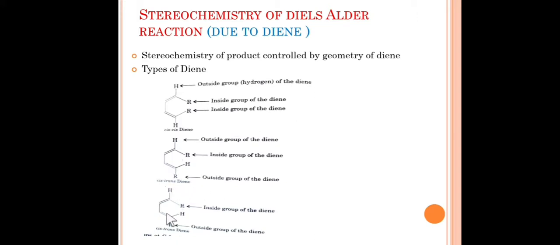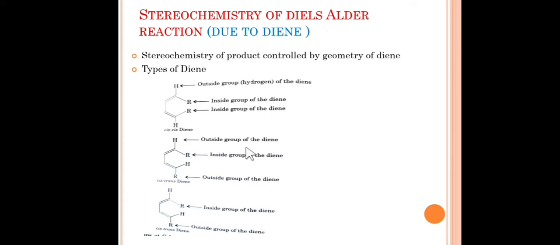And again we have cis trans because this double bond is trans and this double bond is cis. Friends, we have another one, that is trans. That means both the substituents will be outside. This R will be over here, this R will be over here. That is called trans. So this type of dienes will control the stereochemistry of product.